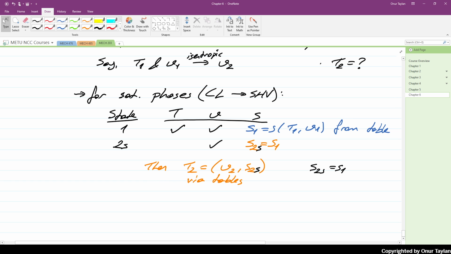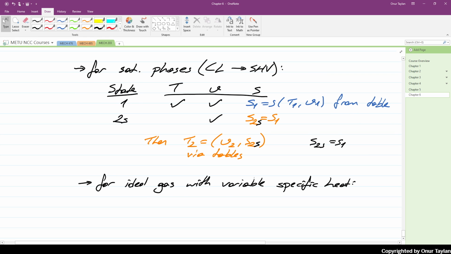Now, more interestingly, if you have an ideal gas with variable specific heat, that means Cv and Cp change with temperature.